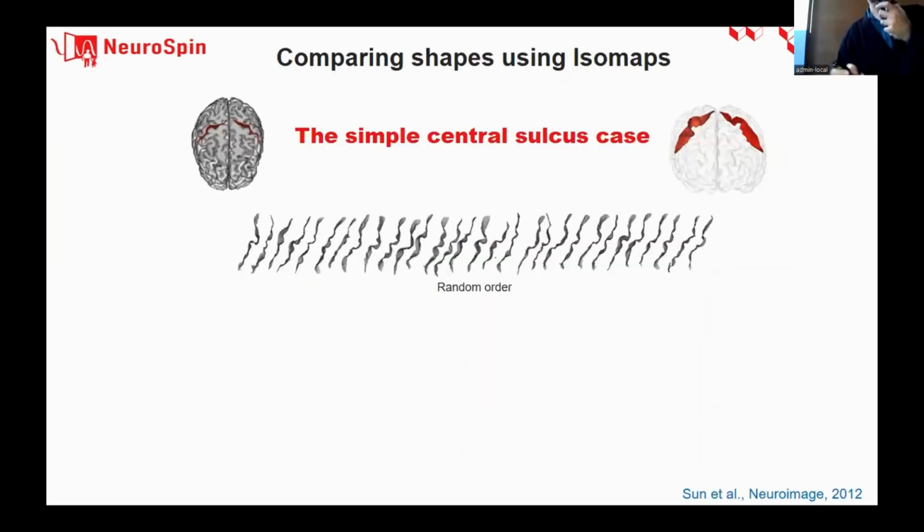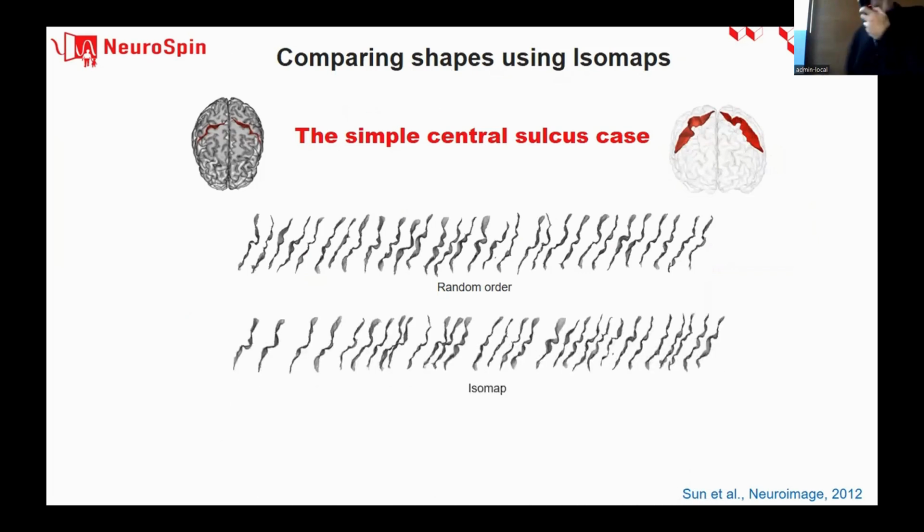We first use standard machine learning for that, and I will give you an illustration with the central sulcus. Here you have 30 negative casts of central sulcus, so it's a rather stable shape, but they all have different deformations, different knobs to talk like anatomists. And with machine learning, you can ask the computer to rearrange them so that the ones that are similar are close to one another on this axis.